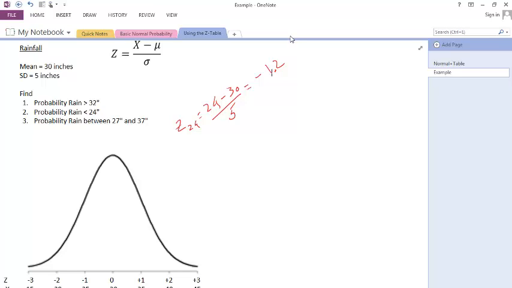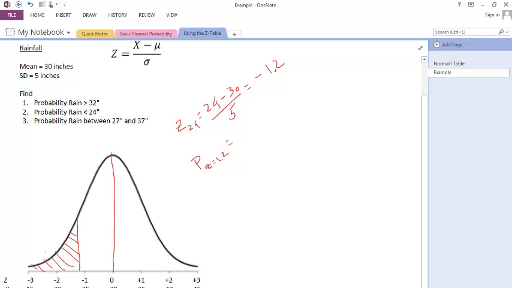Now let's find that probability. Well, before we do, let's remind ourselves what we're doing. So here's the mean again. Minus 1.2 is out here, 24 inches, both the same thing. And we want the probability that it's less than, so that's the area we want.